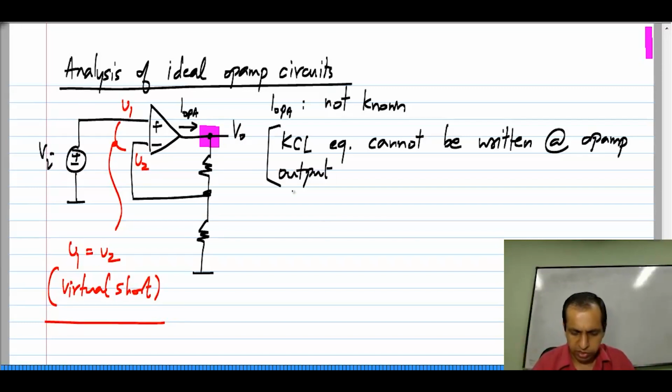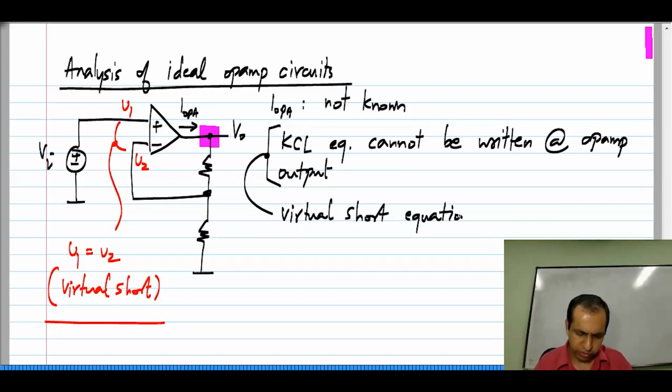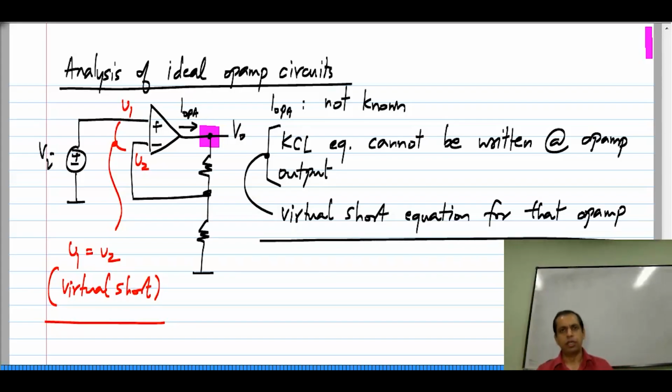So, the KCL equation at the op amp outputs is replaced by virtual short equation for that op amp. Okay. So, that is the way we analyze op amp circuits in general. Okay.